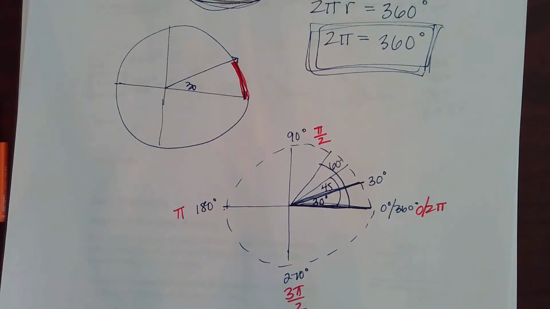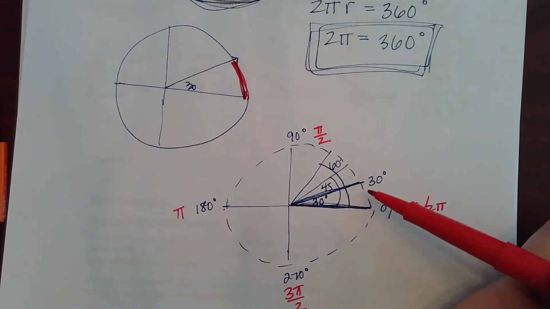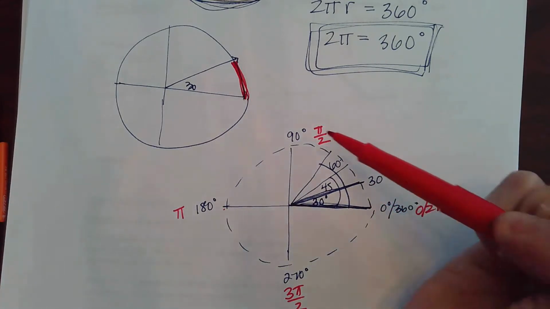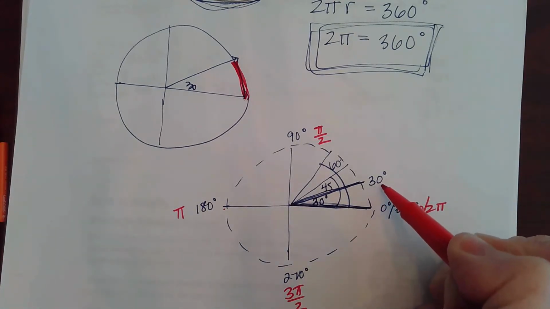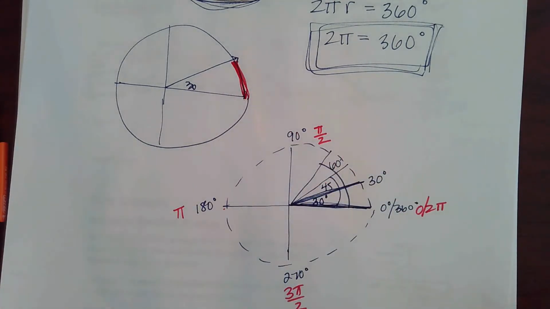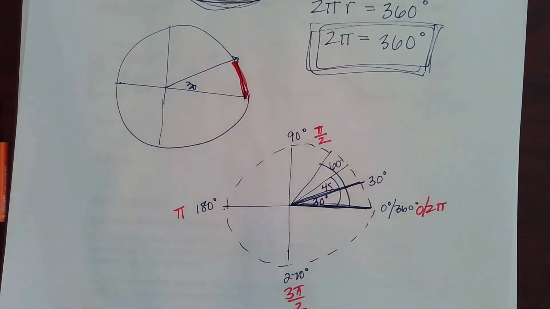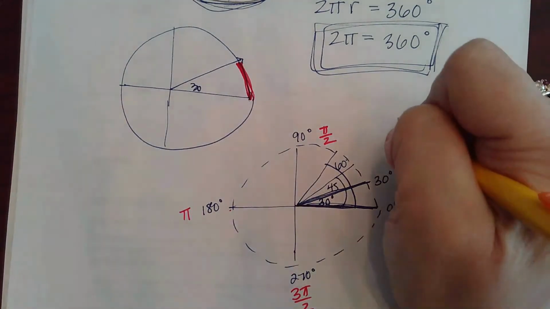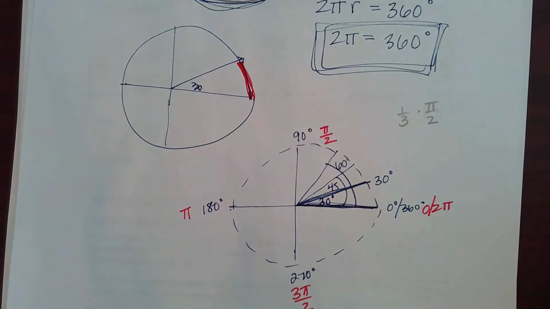Okay, well, how much is 30 degrees of 90? Well, isn't 30 degrees a third of 90, right? So there's 30 degrees in 90 degrees. So this is 1/3. So what's 1/3 of pi over 2? So think of it as a multiplication problem.